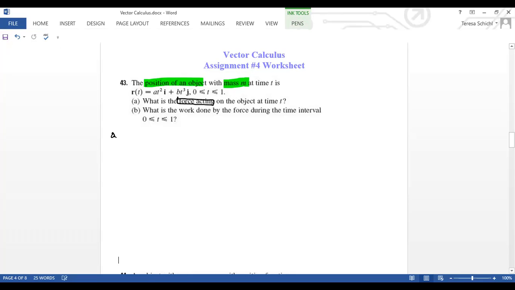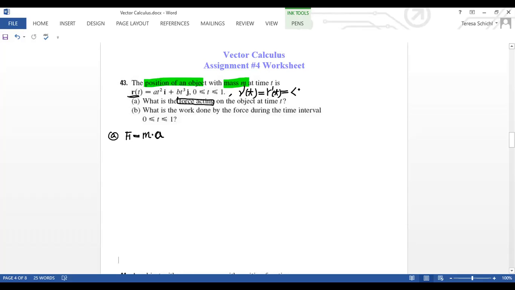So from physics 101, what is the force here? Force is mass times what? Acceleration, correct? So it's mass times acceleration. But right now I'm just having vector form. This is the position function, and if you take the derivative of the position function, you will have the velocity function.